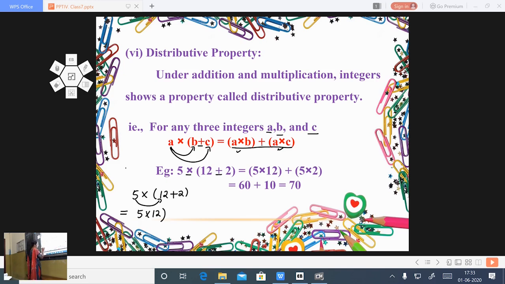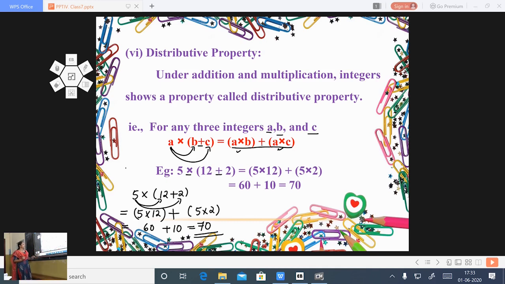This is over addition, so plus, and 5 into 2. Then find the answer of each. 5 into 12, 60, plus 5 into 2, 10. Then 60 plus 10, answer is 70. Like this you can find the answer.